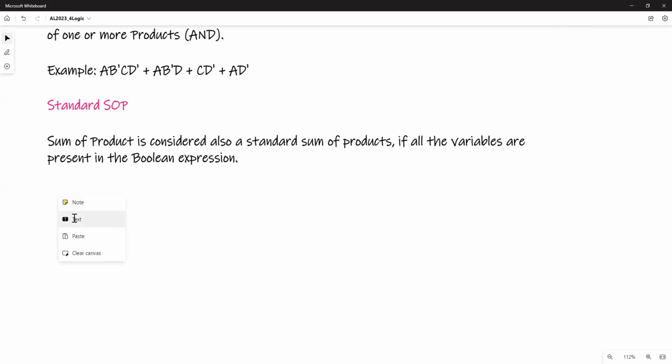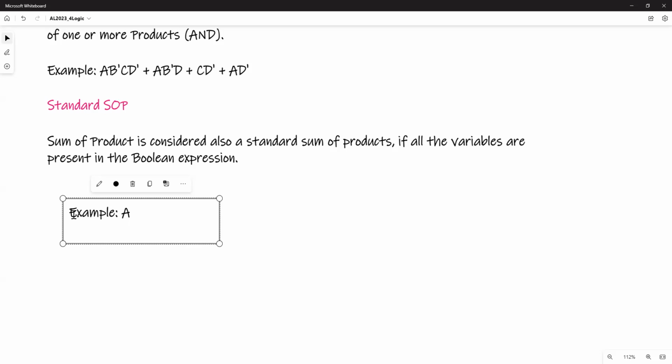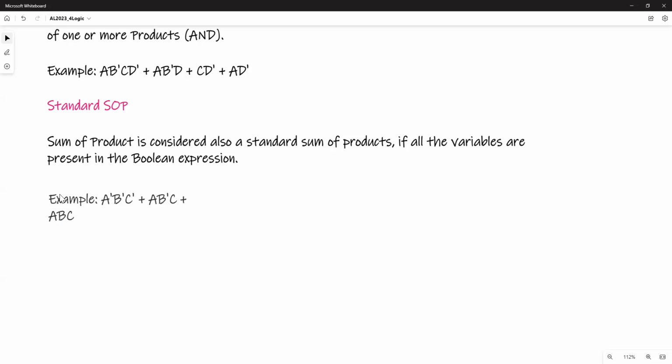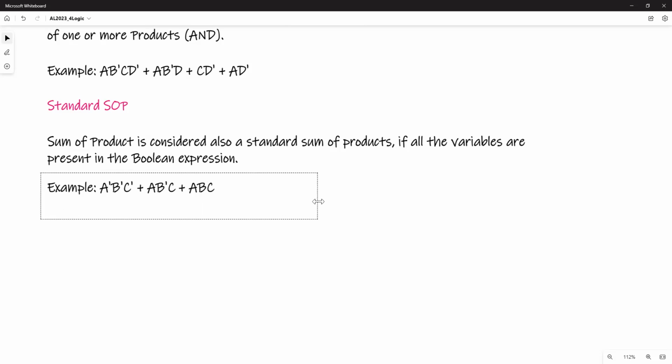Let me give you an example. Right? So we can say A dash B dash C dash plus A B dash C plus A B C. So you can see here, all these have all the variables.